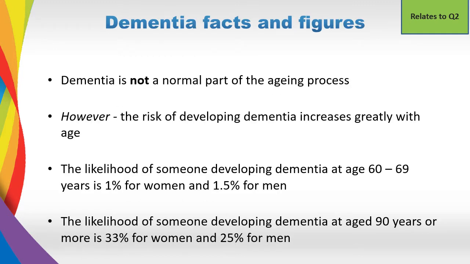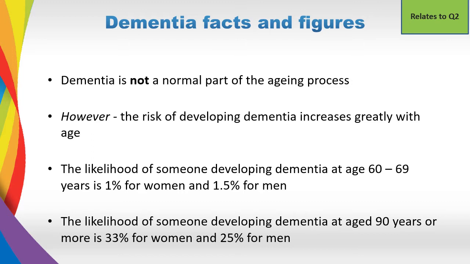So some facts and figures here. So dementia is not a normal part of the ageing process. So although we are at a higher risk of getting dementia as we age, it doesn't mean that everybody is going to get dementia as they get older.